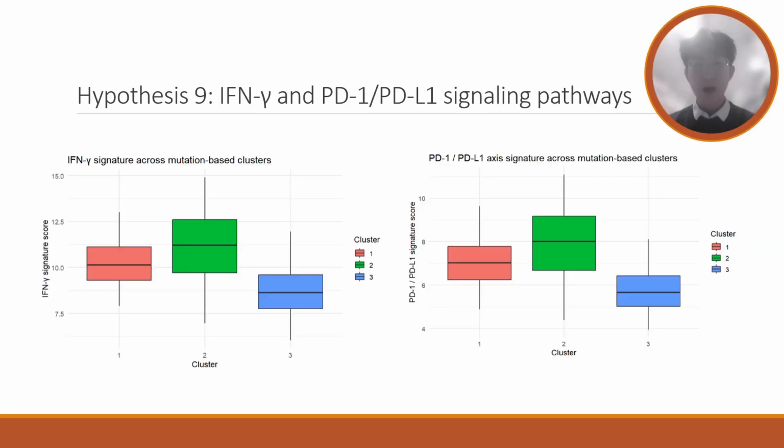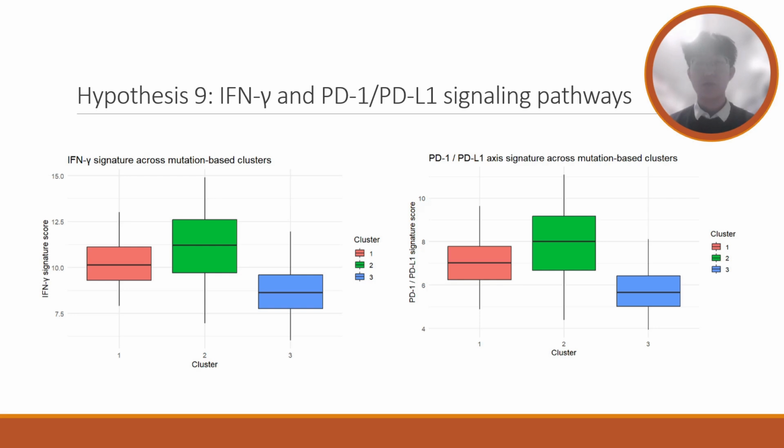For hypothesis 9, we hypothesized that IFN-gamma and PD-1/PD-L1 immune signaling pathways are differentially activated between clusters. Using VST normalized RNA-seq data, we calculated IFN-gamma and PD-1/PD-L1 signature scores for each patient and compared pathway activity across clusters.